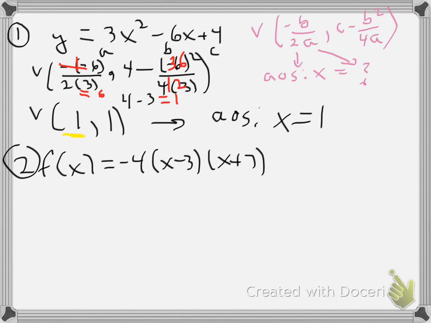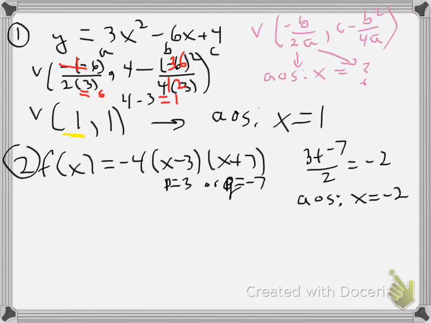Right away we know the intercepts are p is 3 and q is negative 7. If you want the x of the vertex, which is the axis of symmetry, you can go 3 plus negative 7 divided by 2. That's negative 2. So we now know the axis of symmetry is x equals negative 2.